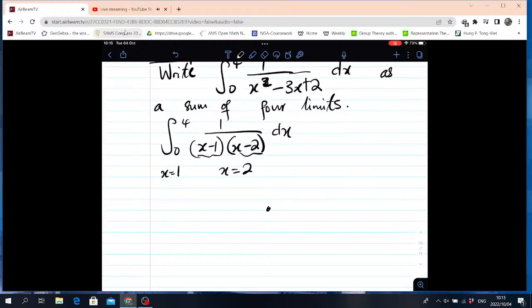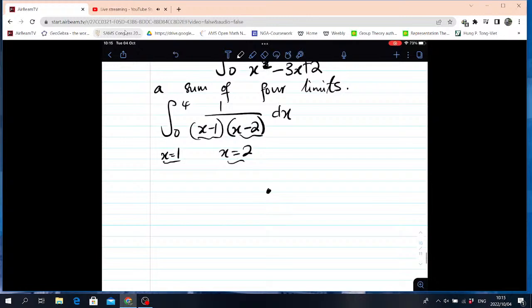So we know these 2 points should be endpoints when we are looking at our integral. Maybe let me just draw.